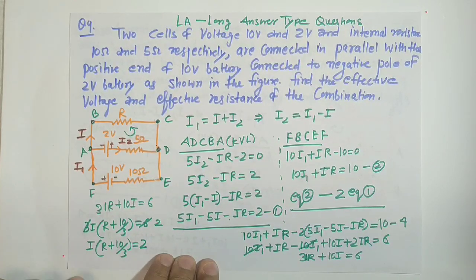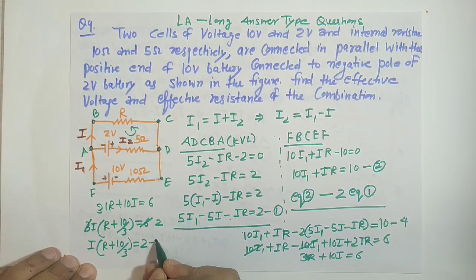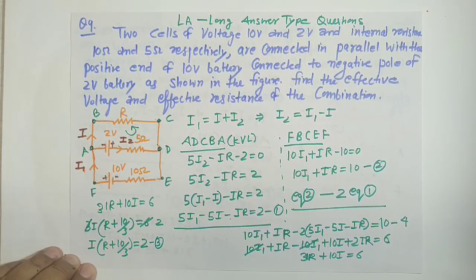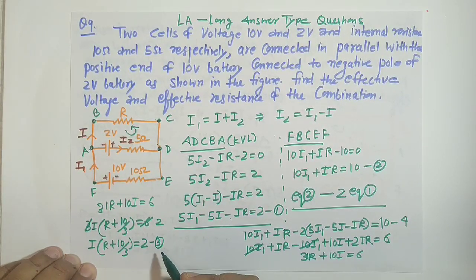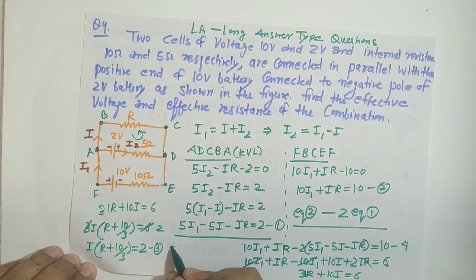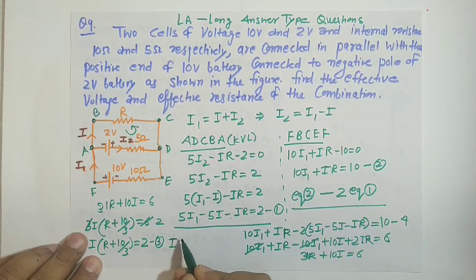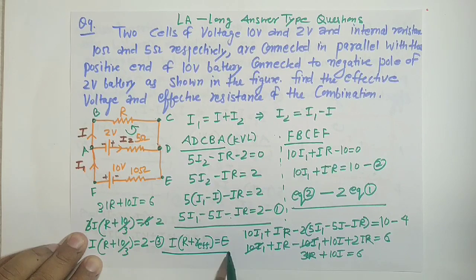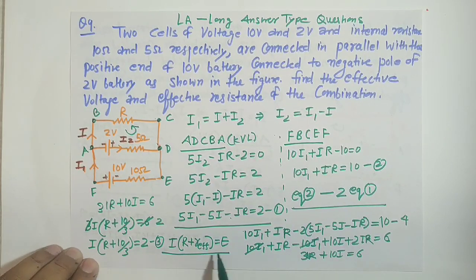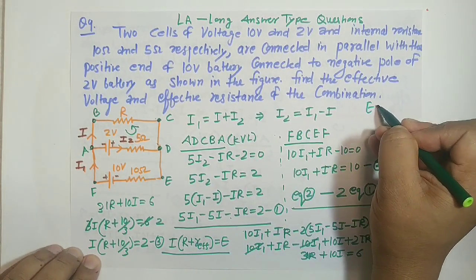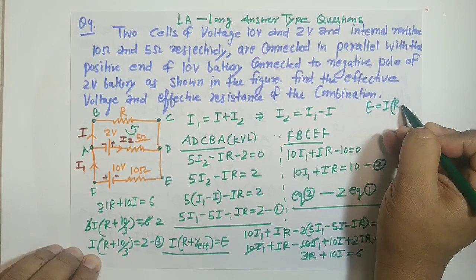Now this equation is equation number 3, and we can compare it with E equals I times (R plus R effective). So what is I? I is multiplied by R plus R effective, and that gives E. We can compare it with this. Are you getting it?